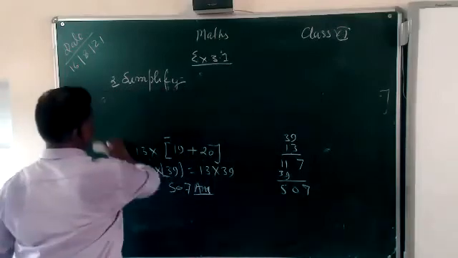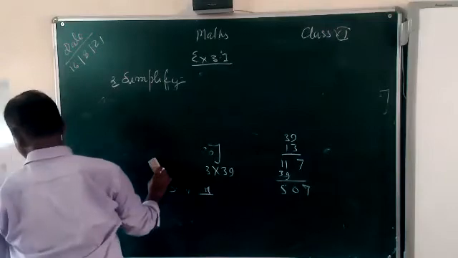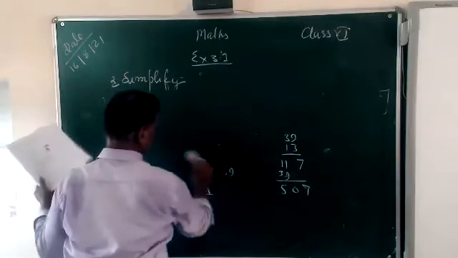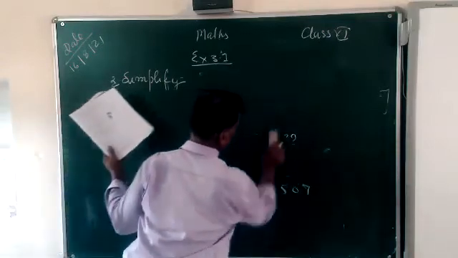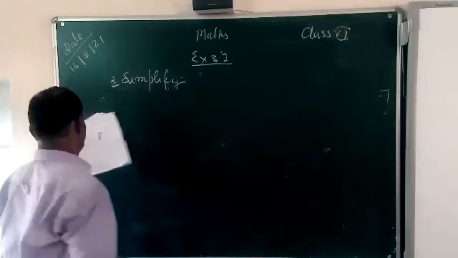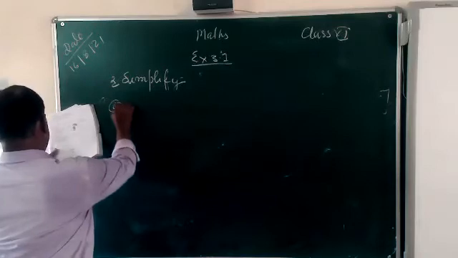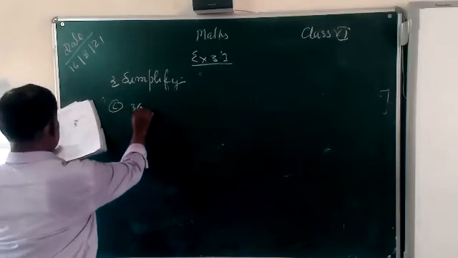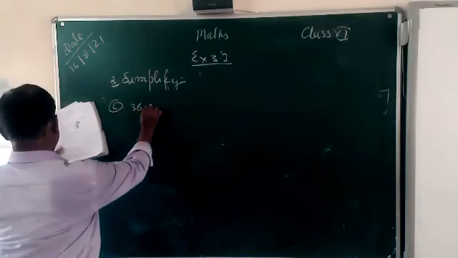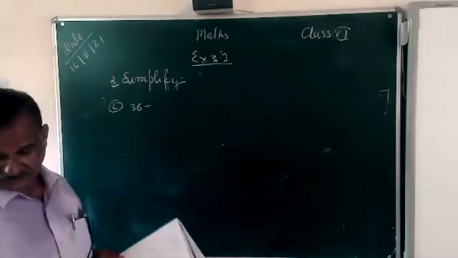Second part, B question. You see here C, and one question I left for the homework. C: here is given 36.